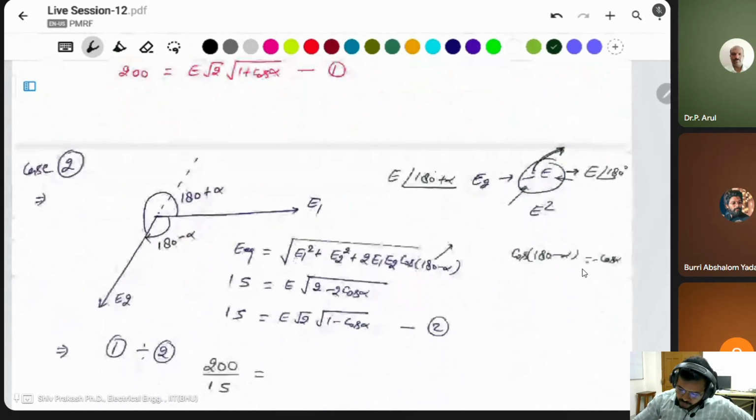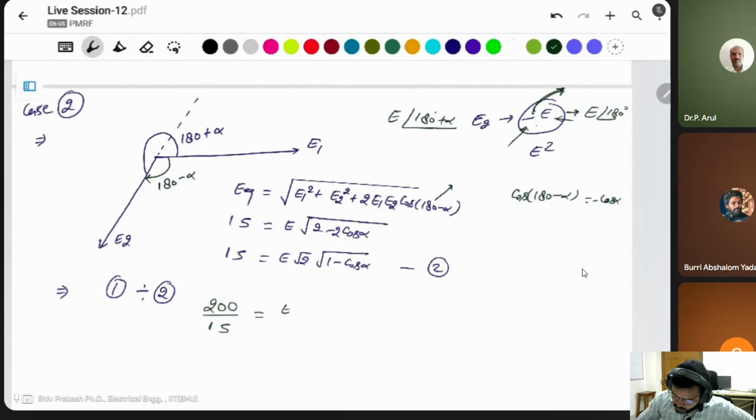This will be same E root 2 and root of 1 plus cos alpha here, and in the denominator side, in equation second, E root 2 and root of 1 minus cos alpha.